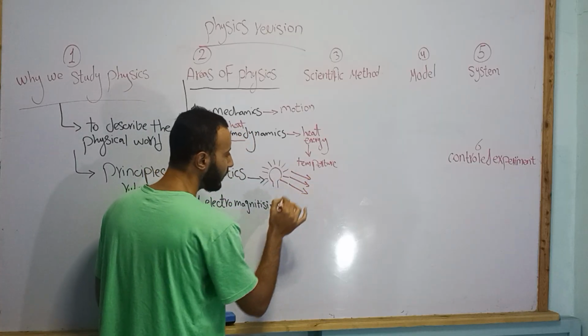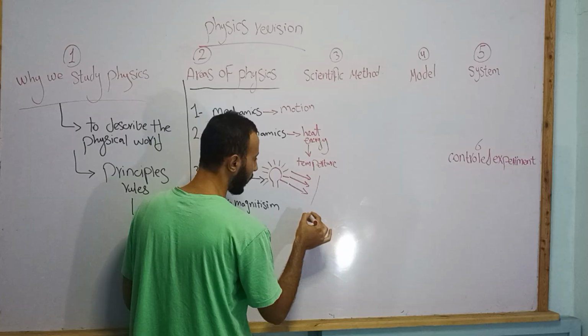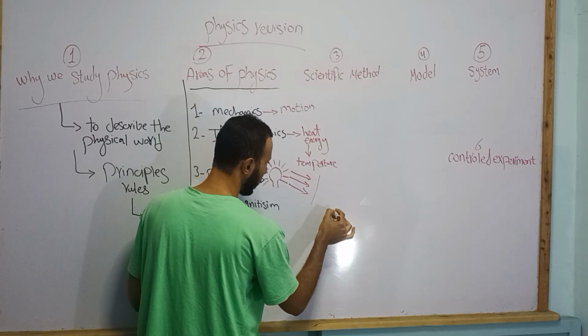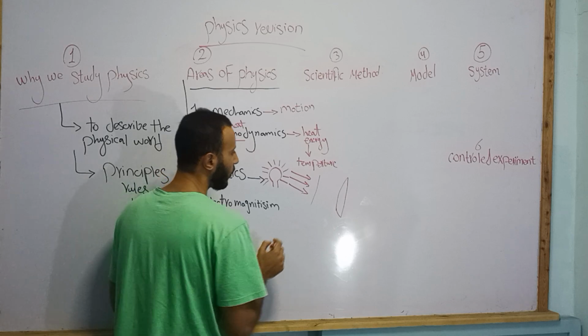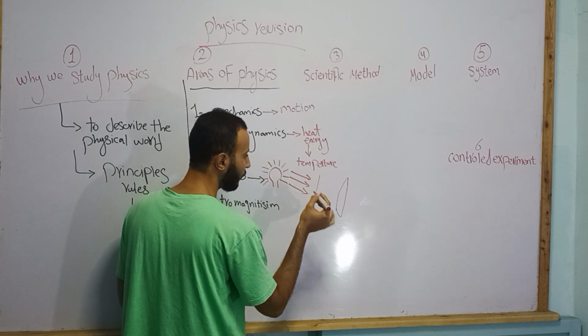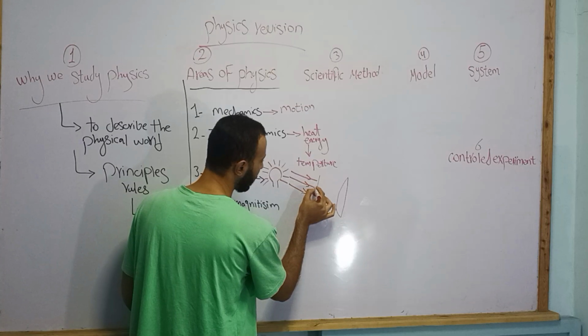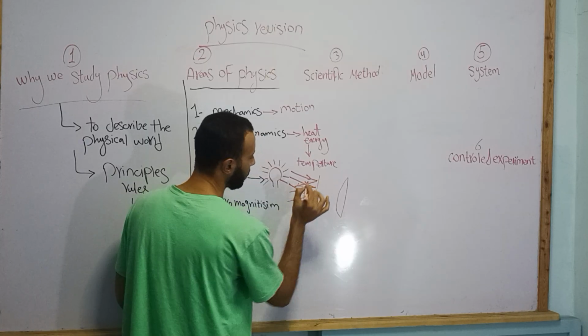And then these light beams strike a mirror, for example, or they can also strike a lens, like this one. So if they strike any reflecting surface like the mirror, all of these light rays will reflect back like this, making reflection.